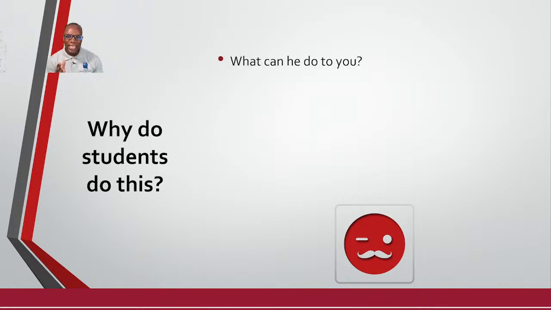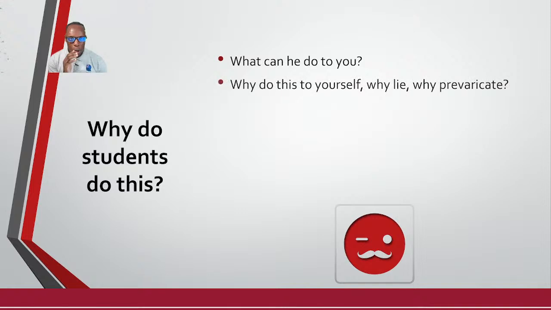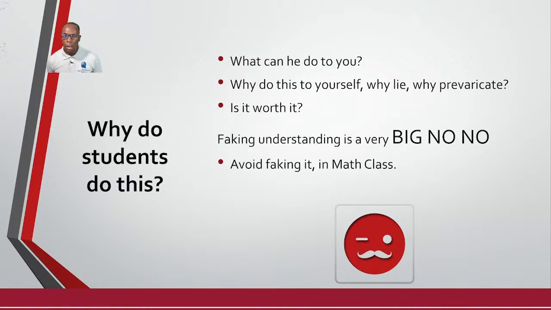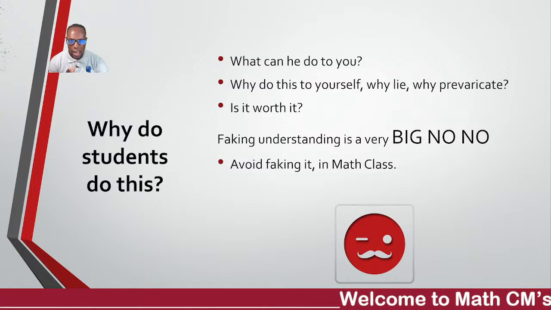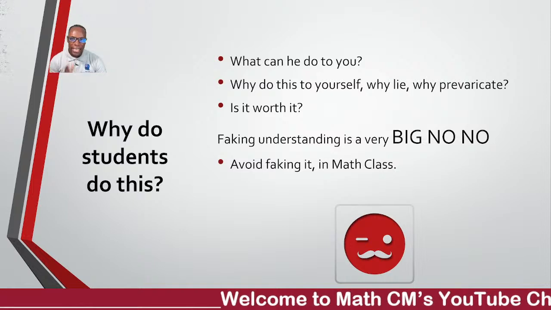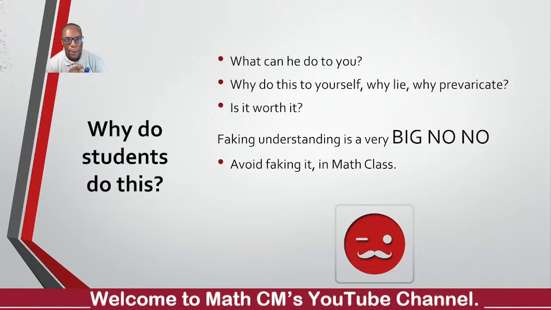What may be their mindset? Why do this to yourself? Why lie? Why prevaricate? Is it worth it? Faking understanding is a very big no-no. Avoid faking it in math class.